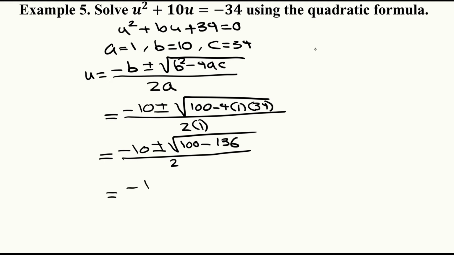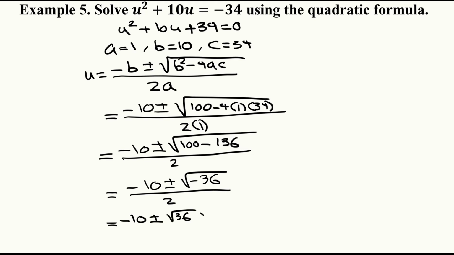So we get negative 10 plus or minus square root of negative 36 over 2. And we used to say this is not a real number, but of course now we know what it is. It's a complex number and we can handle it now. So the only thing is we'll go ahead and break it up into 2 parts.